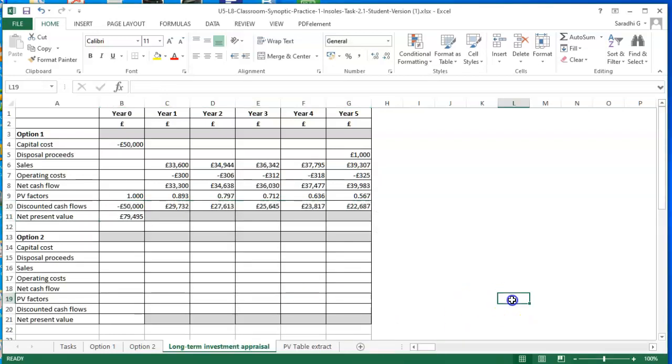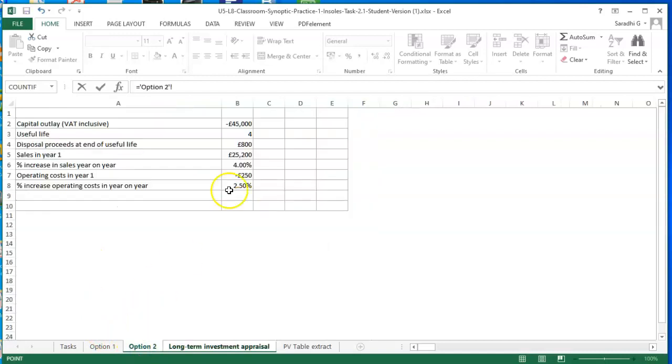So that's 79,495, which is your net present value for option 1, which costs 50,000. Do option 2 now in the same format. For option 2, the cost is 45,000, again VAT inclusive, so minus option 2 divided by 6.